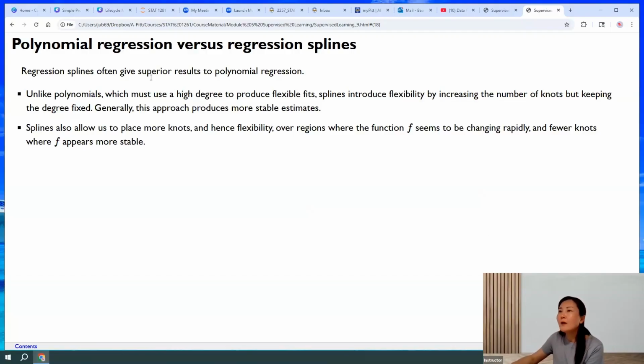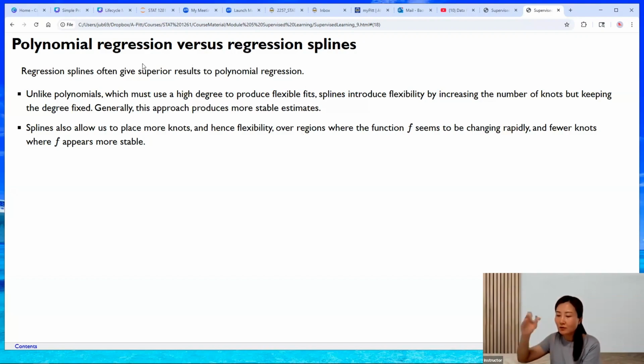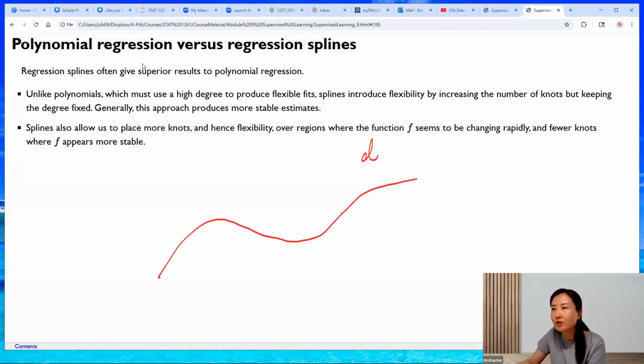For now, we're almost done with the regression spline part. Let's briefly compare the two models, polynomial regression and regression splines. Regression splines often give superior results to polynomial regression. That is because in order to catch all the patterns in your data set, a single polynomial regression must use a higher degree d, because you have to adapt your curve to different patterns in the entire region.